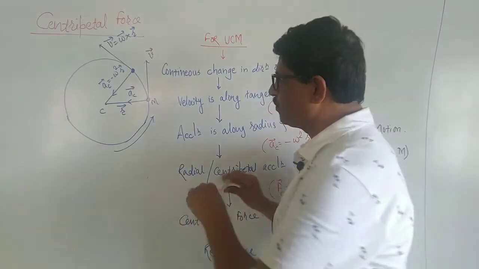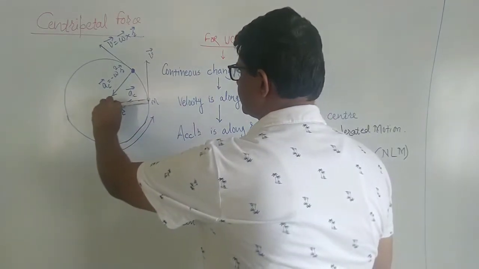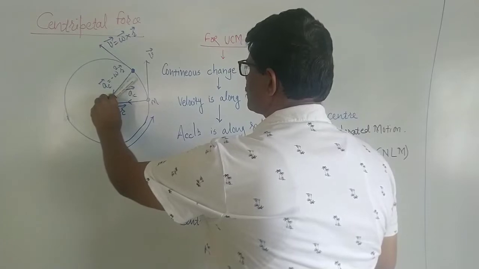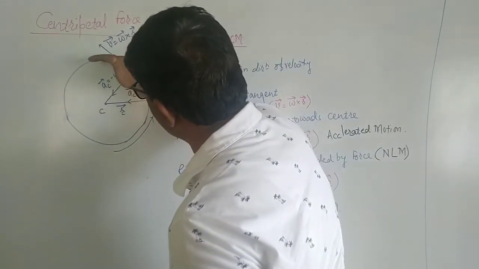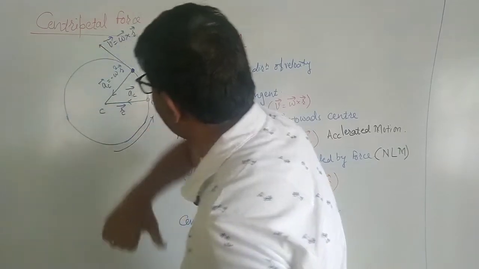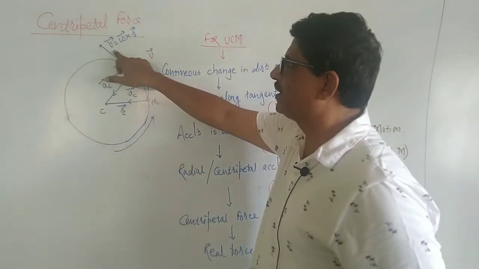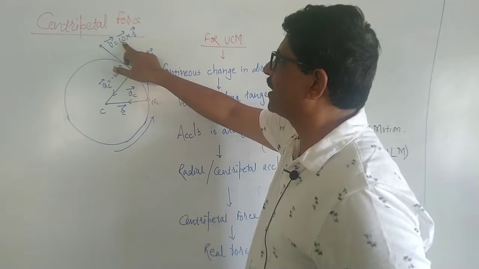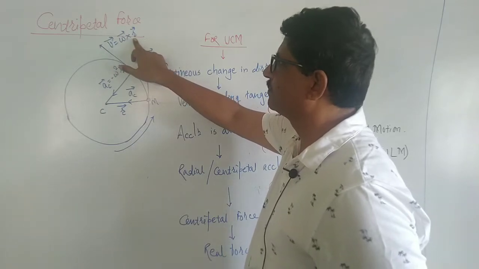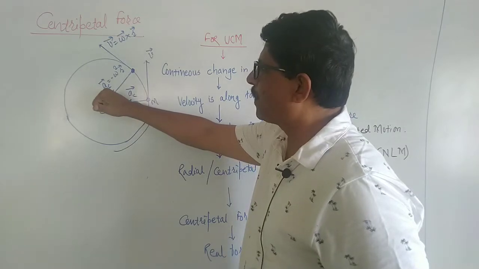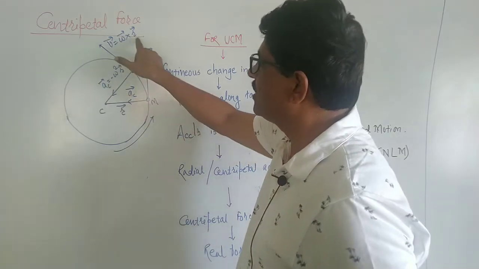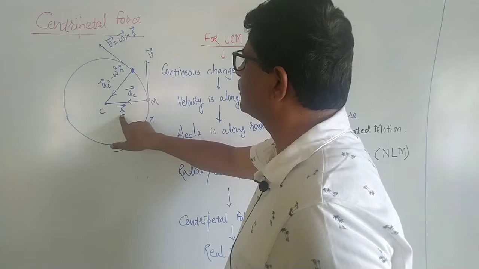As the particle performs circular motion, it moves from one place to another, and every time there is a continuous change in the direction of linear velocity, and the linear velocity is represented by vector v equal to vector omega cross vector r. Omega is along the axis of rotation perpendicular to the plane of revolution. r is in the plane of revolution.